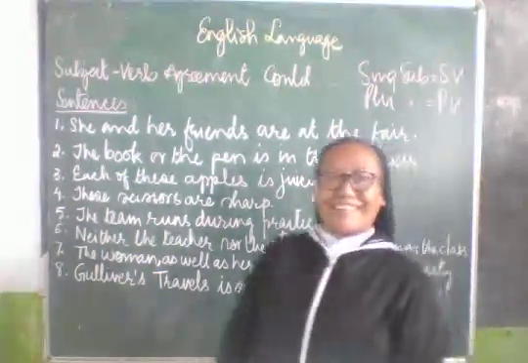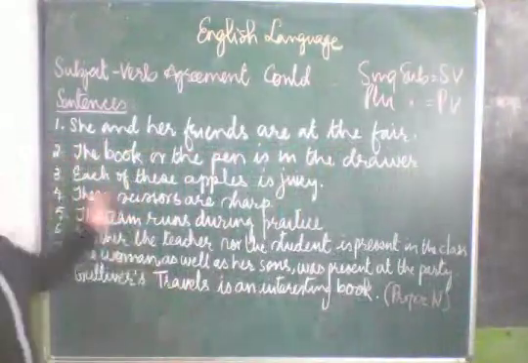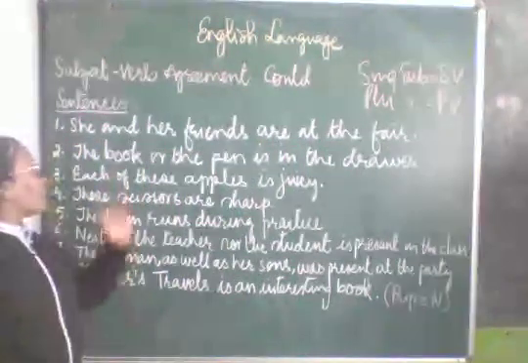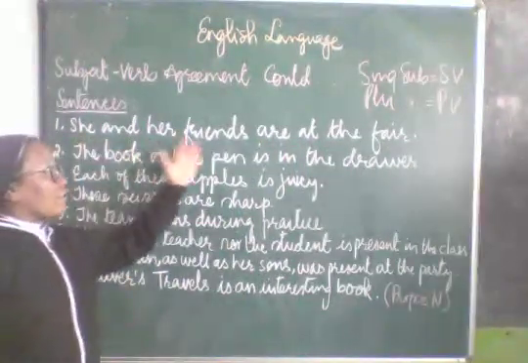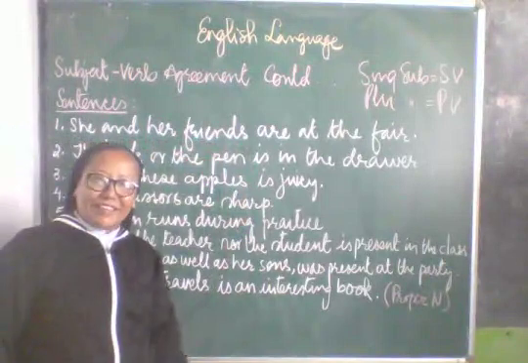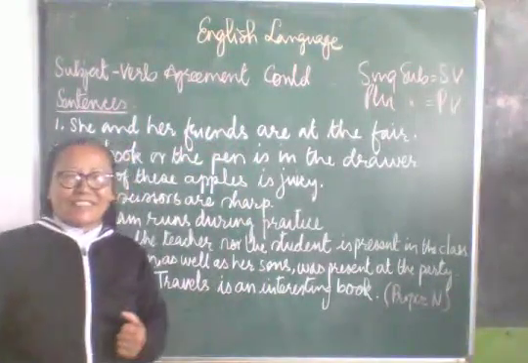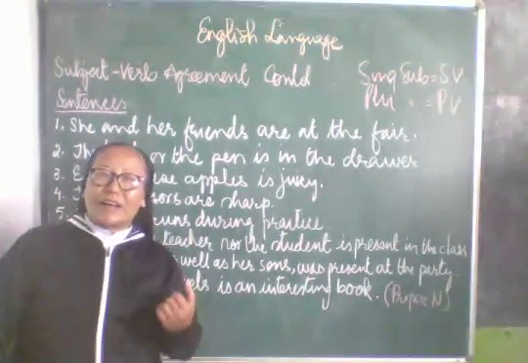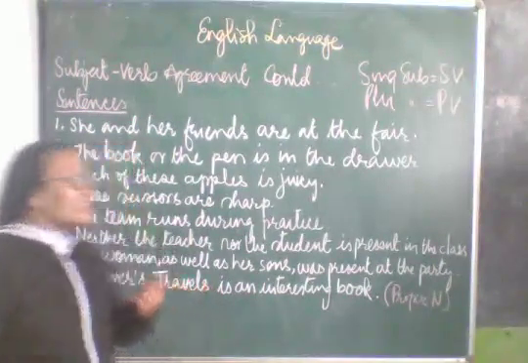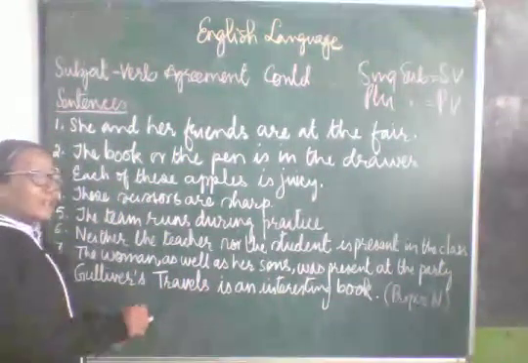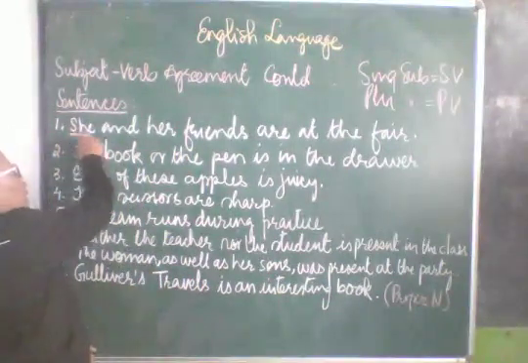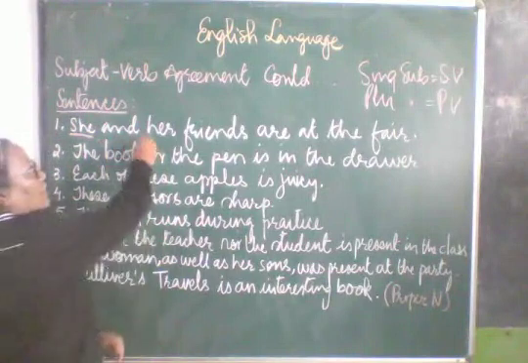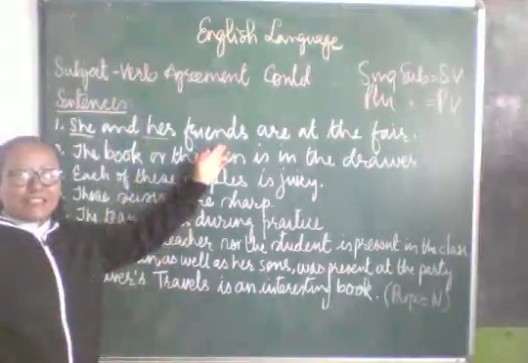Children, be ready. Now, in sentence one: She and her friends are at the fair. So you can see there are how many subjects in this sentence? There are two. She and her friends.